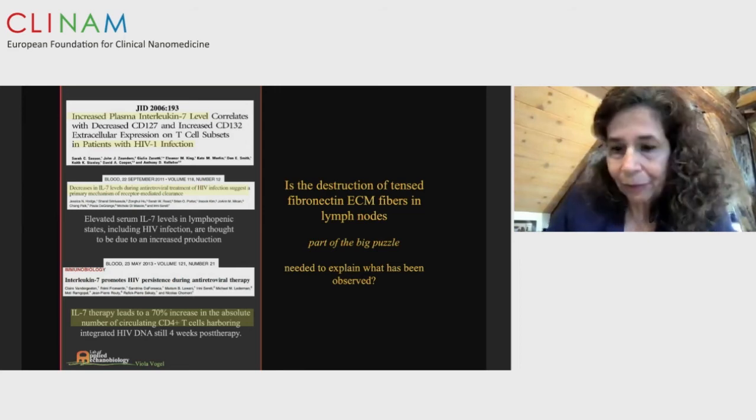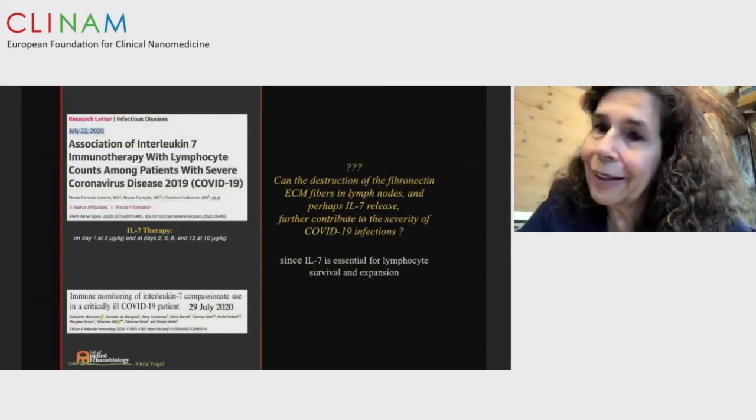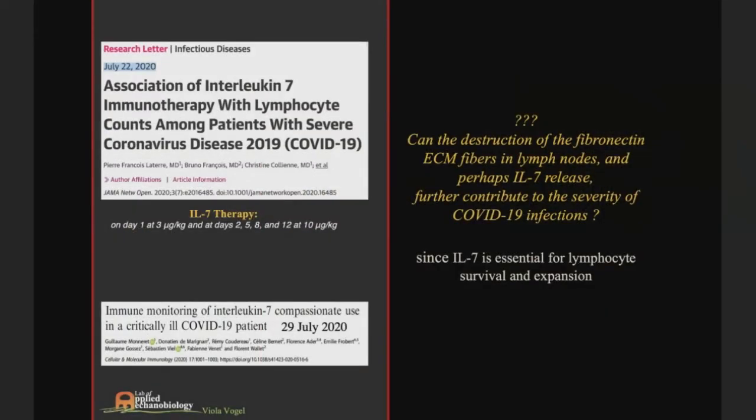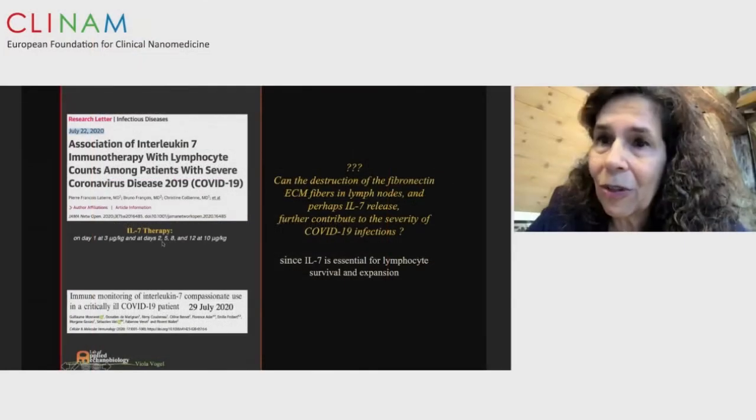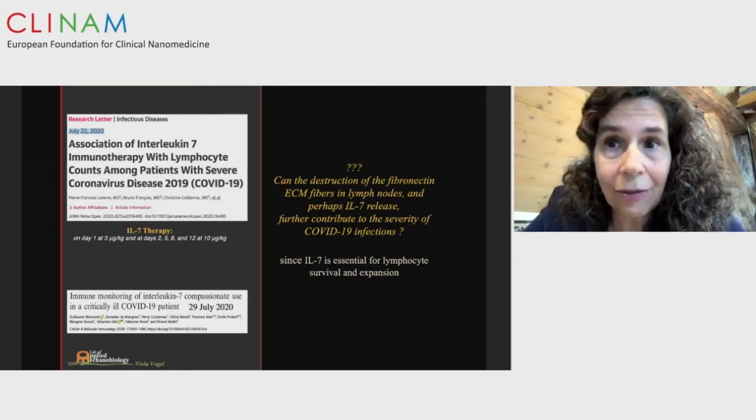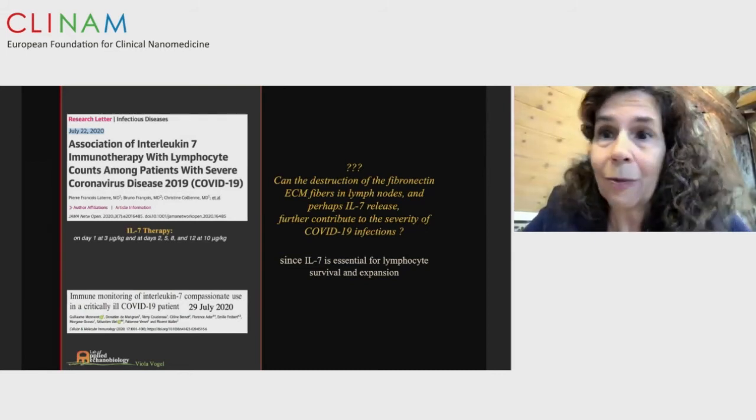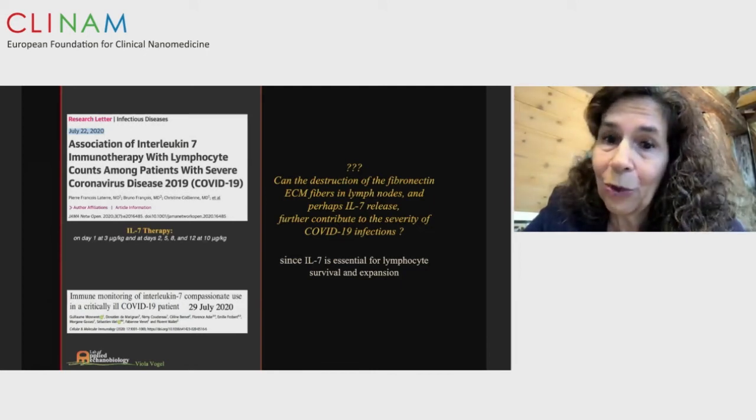So if we come back to the beginning of the story, at COVID-19, IL-7 is considered to be used as therapy. I've shown you some data, how the counts on lymphocytes goes up with IL-7 treatment, but you also notice that the IL-7 concentrations that are administered are excessively high compared to the native concentrations that you would find in blood plasma or in lymph nodes.